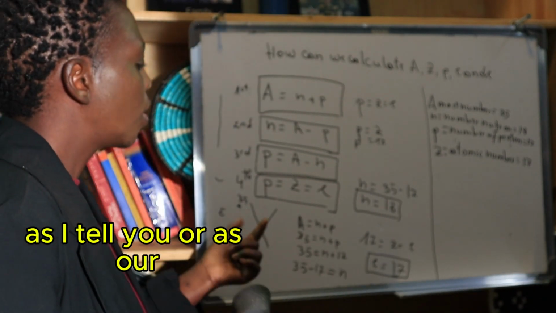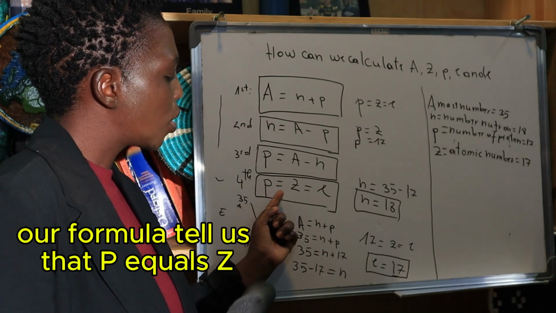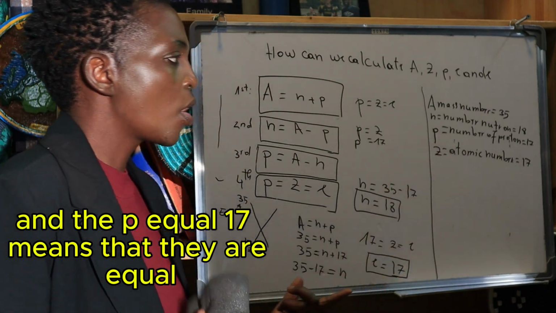As our formula tells us, P equals Z, you see that Z equals 17 and P equals 17.